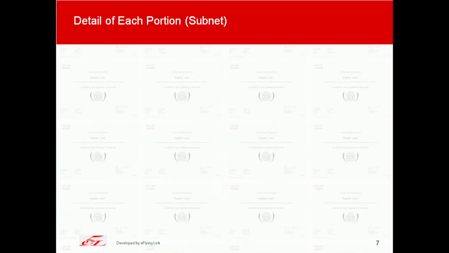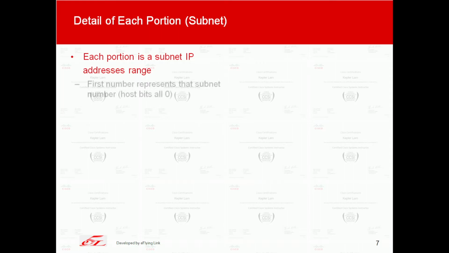Now, let's take a more detailed look at each portion. Each portion represents a range of IP addresses of a subnet. The first number of each portion represents the subnet itself, as this number has all the host bits at 0. In fact, that's what you will see in the routing table.